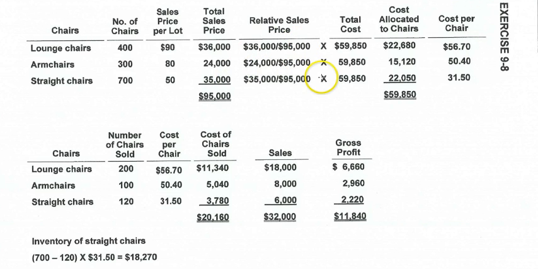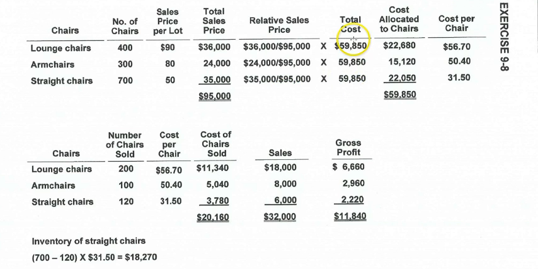This solutions manual put it in thousands, but really 36,000 divided by 95,000 is the same thing as saying 36 over 95. So I could just cut the fraction down. So we arrive at these fractions, and of course if I add 36, 24, and 35, I'll get 95 out of 95, or 95,000 out of 95,000, 100%.